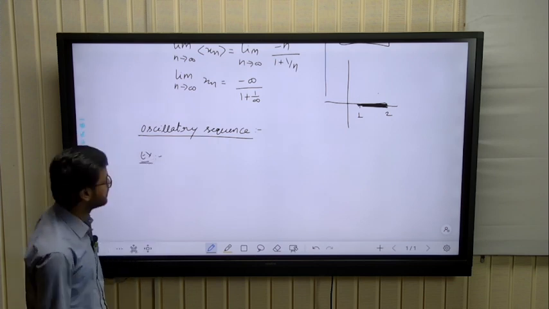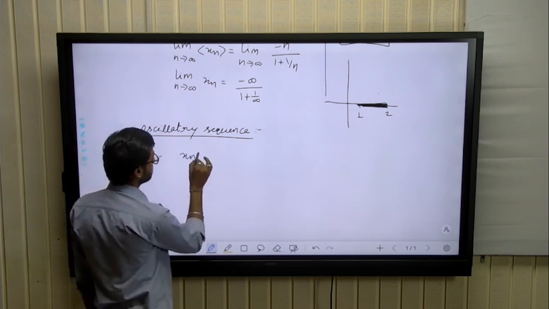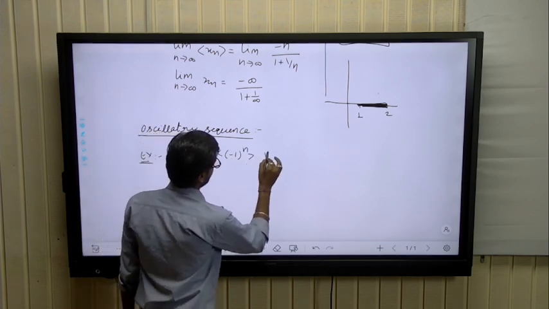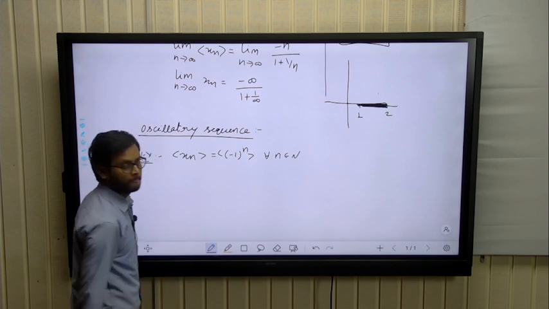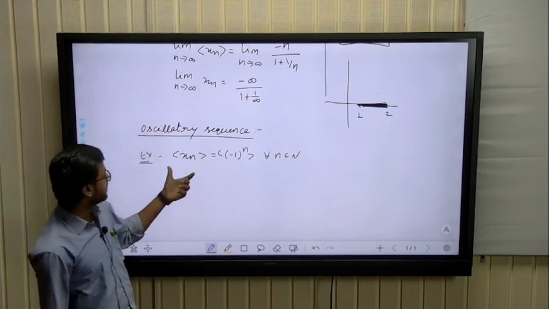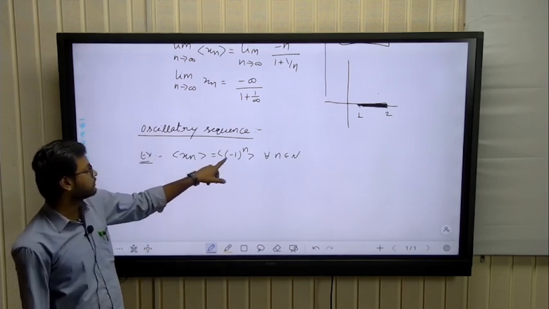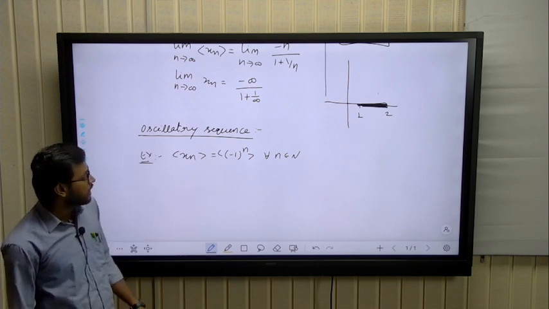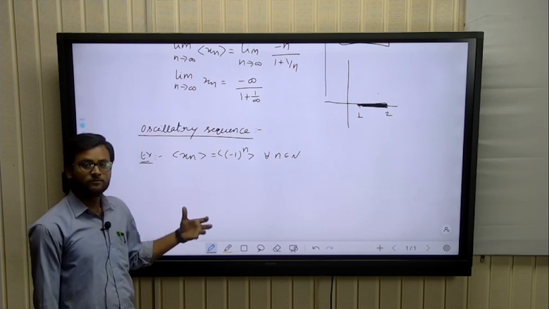Introducing the oscillatory sequence, suppose the given sequence is x_n equals minus 1 to the power n, for all n belonging to the natural numbers. Okay, this is the given sequence. Now we write the terms of the sequence.